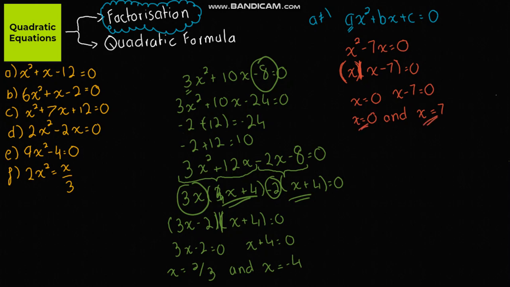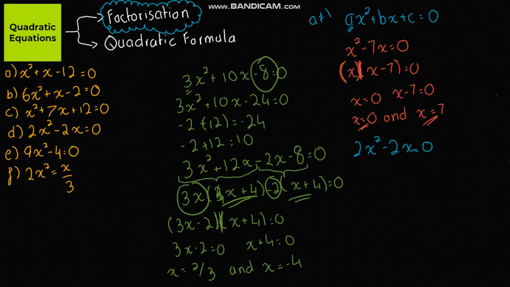Let's do another one. Let me do it in a different color. Let's do it in blue. 2x squared minus 2x is equal to 0.